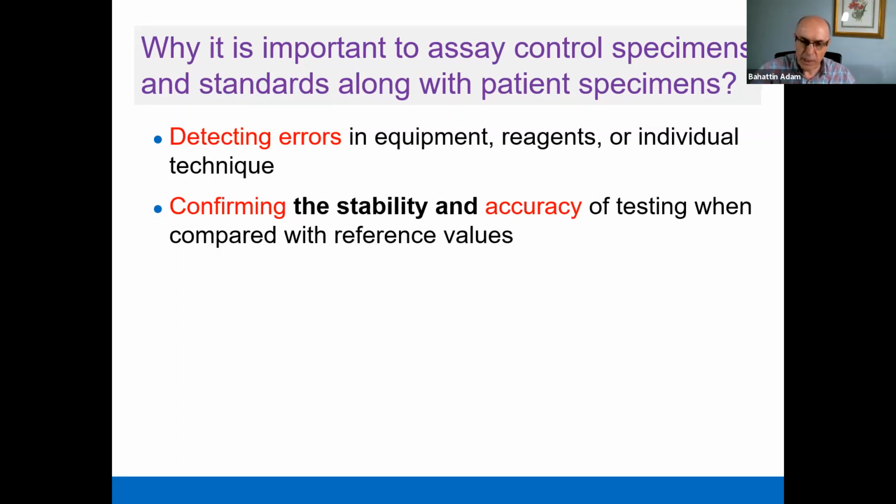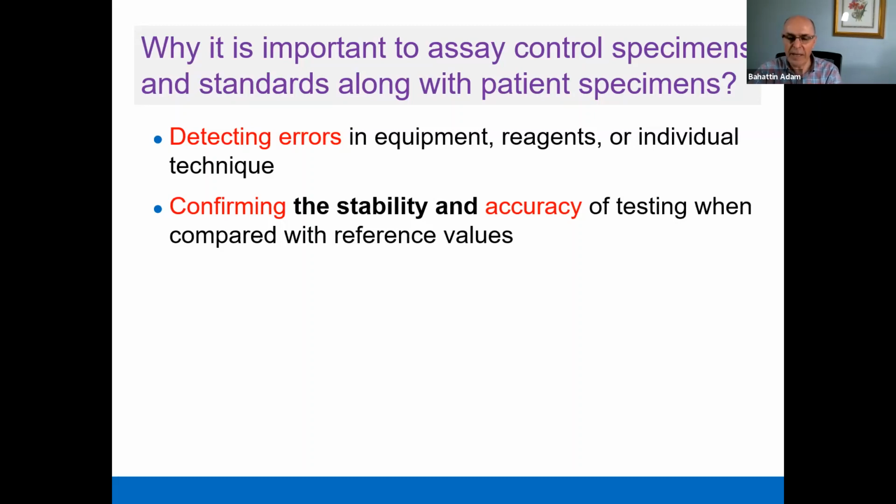Also confirming the stability and accuracy of the testing when compared with reference values. Okay, your test may measure the true value at the date that you also compare with the control serum or standards, but you are not sure whether your test is stable. Maybe on the second day or third day, they will be changed.